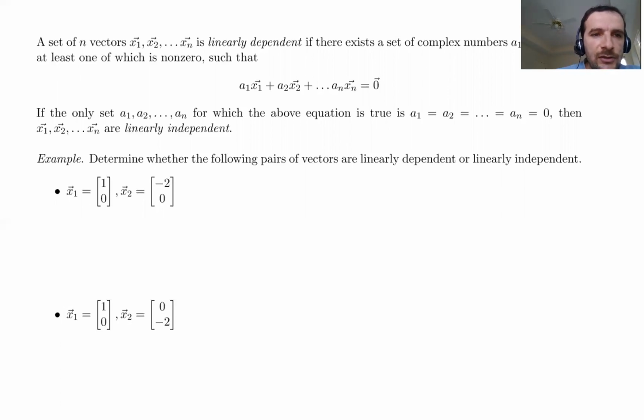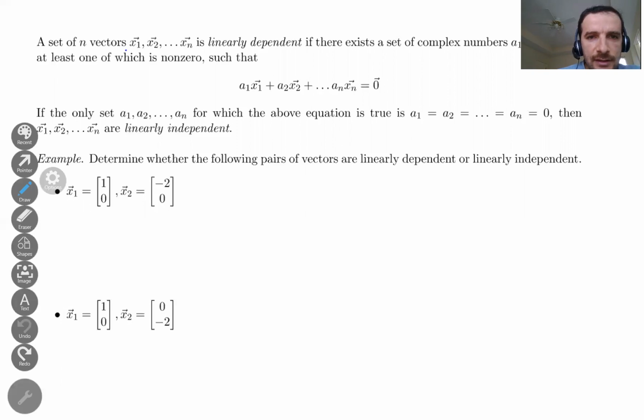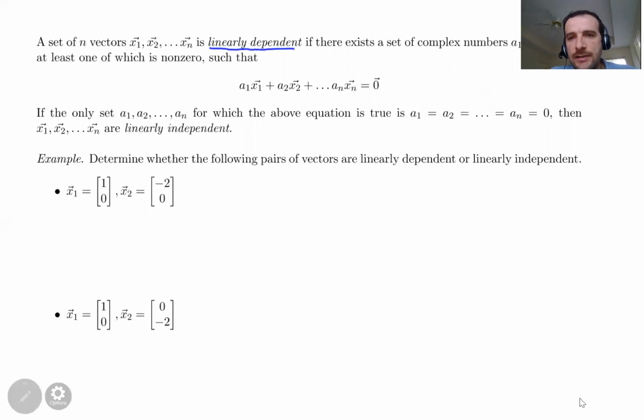Okay, a set of n vectors is linearly dependent if there exists a set of complex numbers, a1, a2, all the way through an, at least one of which is non-zero, such that a1 x1 plus a2 x2 plus all the way through, there's a plus sign here as well, an xn is equal to 0, okay?